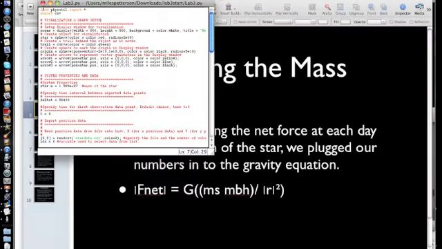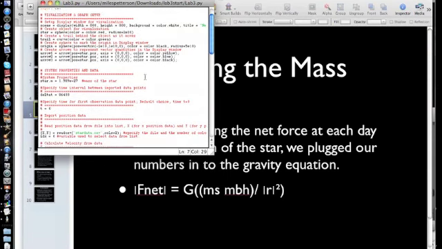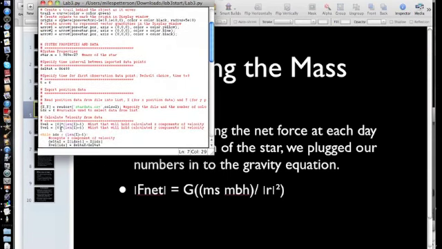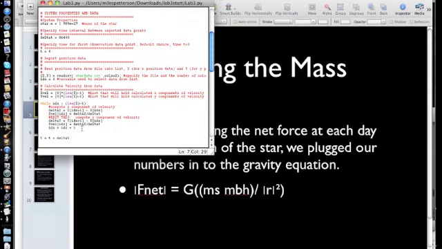When we look at our program, we plug in the origin, which is the black hole. We plug in the star's mass, the time step, and we incorporate the index so that the program knows which x and y components to use.